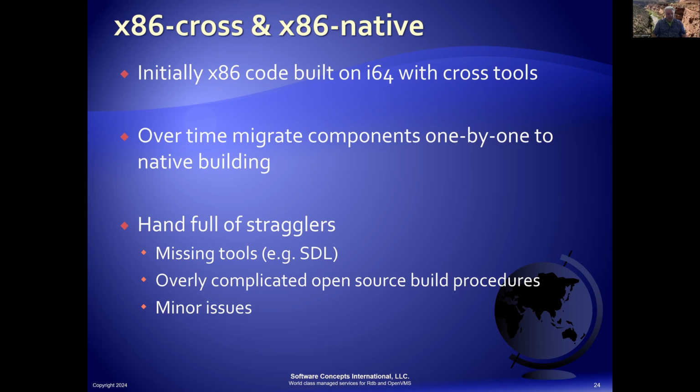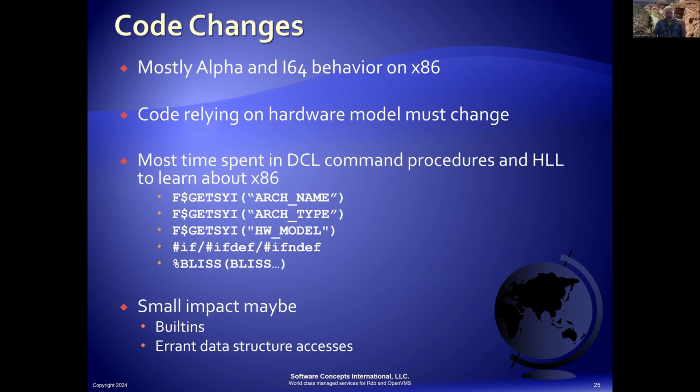Code changes, I will share with you that almost always the code for Alpha and Integrity, if you have ifdefs and things like that, it's the same on x86. There's probably a few exceptions to that rule, but that should be your expectation.